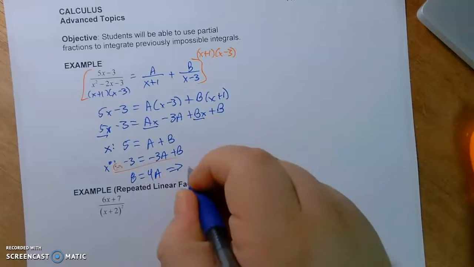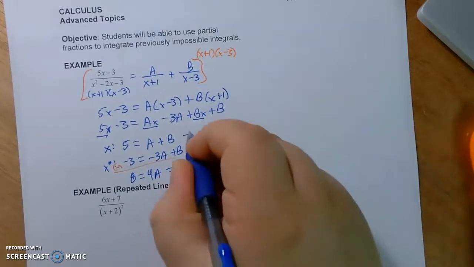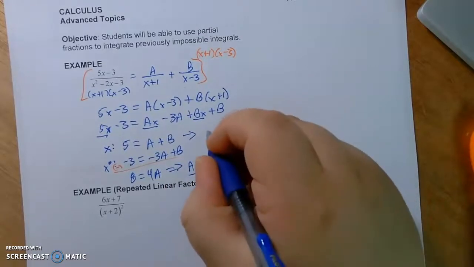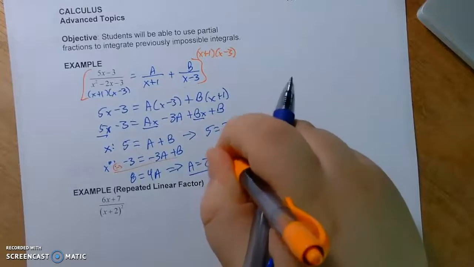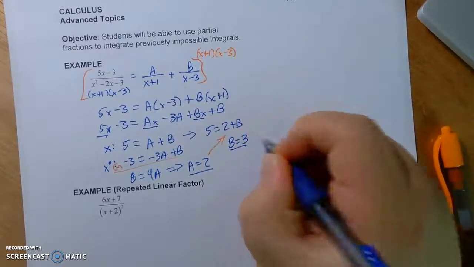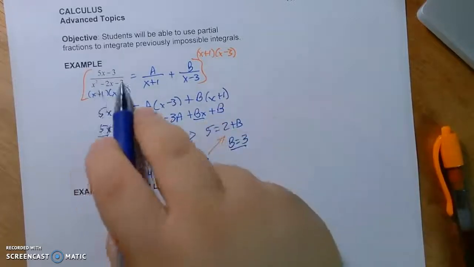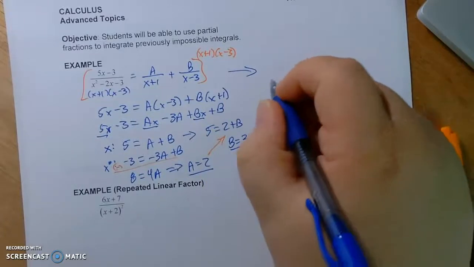So this implies that A is 2. I'm going to use the one without negative signs to get B. You get 5 equals 2 plus B. Here's where I substituted that in. So B equals 3.